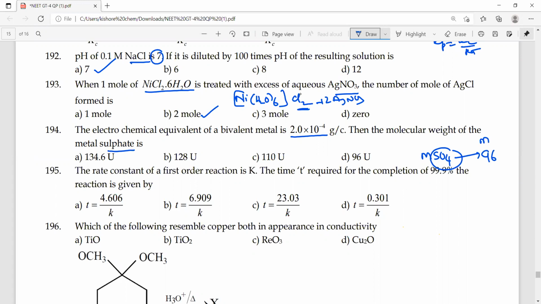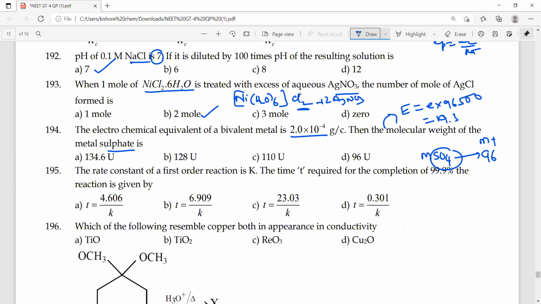Just add the metal weight, metal plus 96. How can we find the metal weight? Equivalent weight is E into 96,500. E value is given as 2 into 10 to the power of minus 4. You multiply this and you get 19.3.